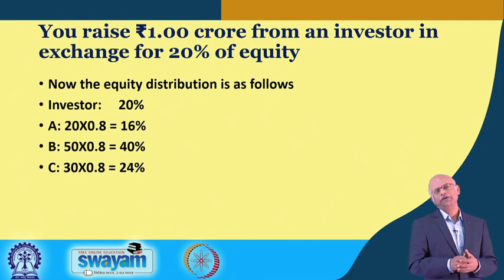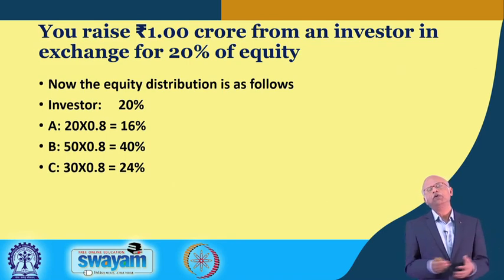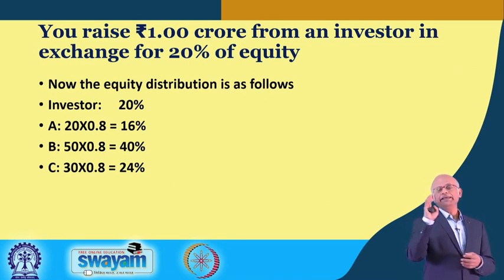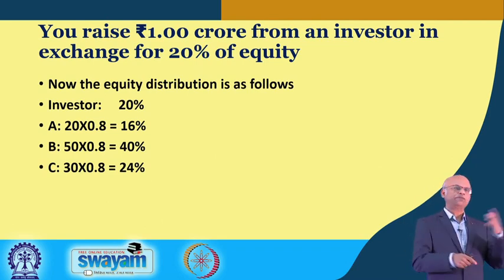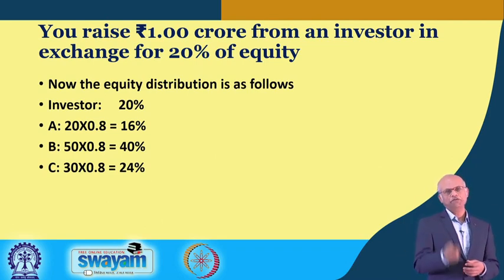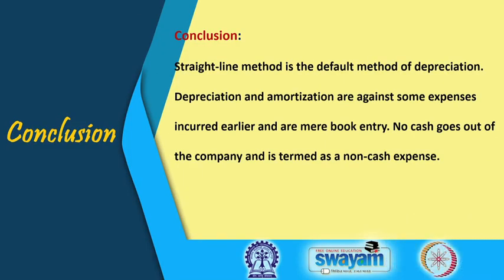He or she, whoever the investor is, gets 20% of the equity, and your equity will go down proportionately. That means after 20%, what is left is 80%. So, you get 80% of whatever you had. So, 16, 40, 24 plus 20 makes 100%. That is what dilution is. We will see more about dilution and equity in different rounds of fundraising when we talk about fundraising per se.